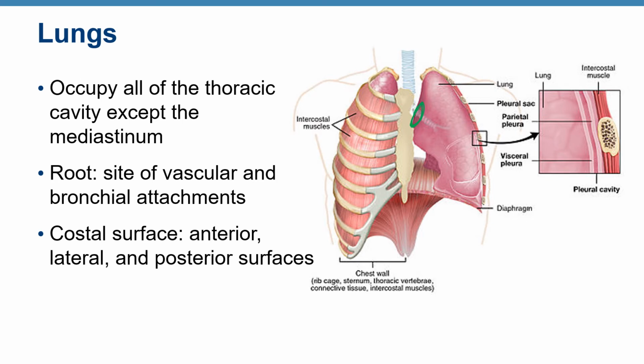We have costal surface. This is the surface where lungs kind of lean to the ribs, right? So that would be costal surface over here, right? And also lungs are lying on a diaphragm. So that's a diaphragm over here.